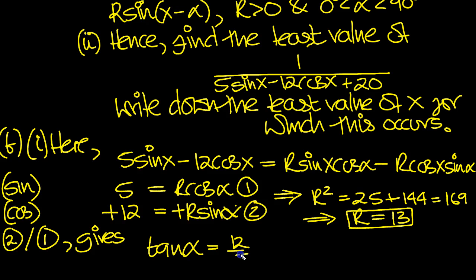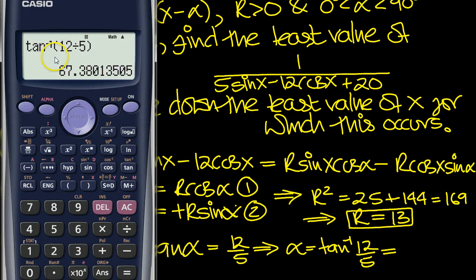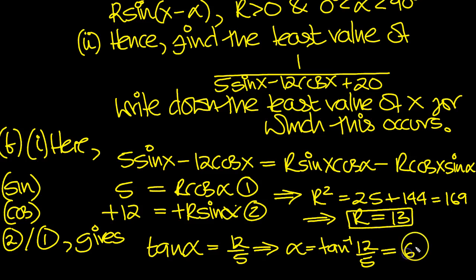That tells us what alpha is. It's shift tan of 12 over 5, which is 2.4. Shift tan 12 over 5 is 67.38. Let's do it to 2 decimal places: 67.38 degrees. So that's alpha.